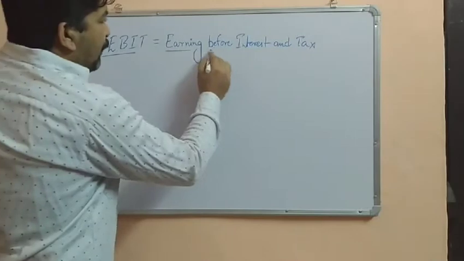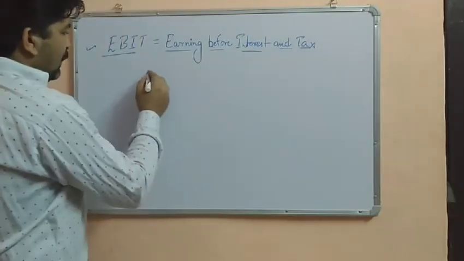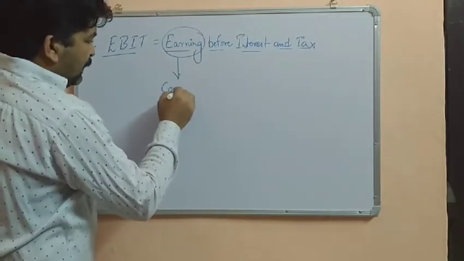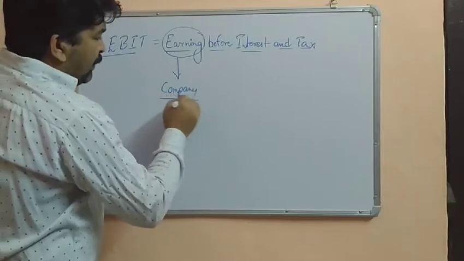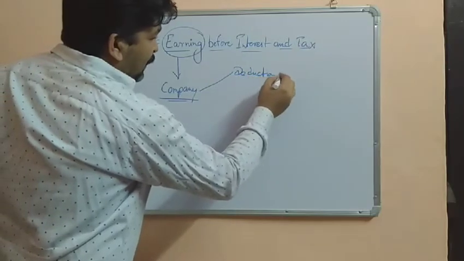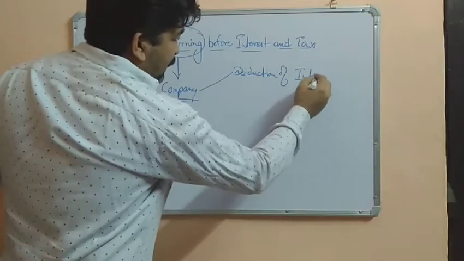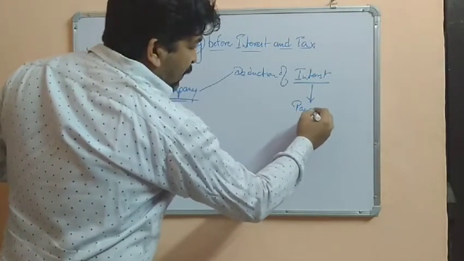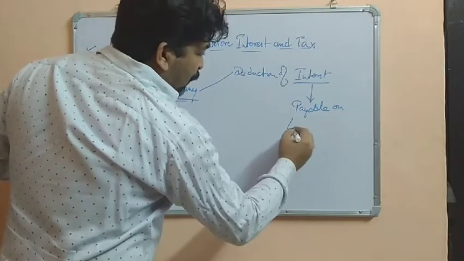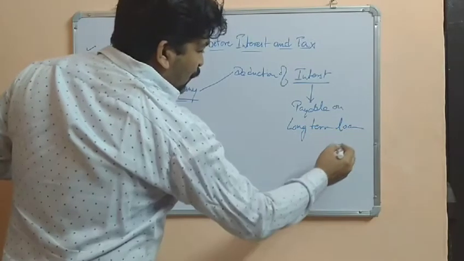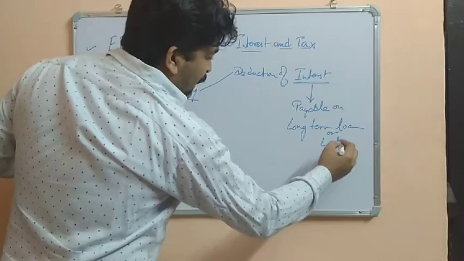The last is EBIT. What do you mean by EBIT? Earning before interest and tax means the earning of any particular company before deduction of interest which is payable on long term loans or liabilities.